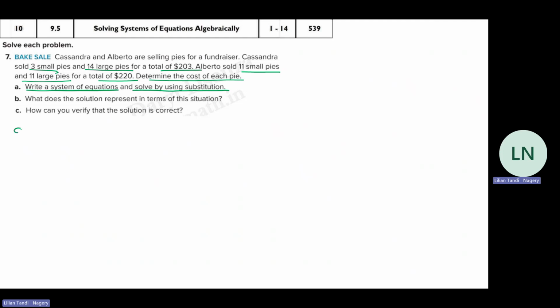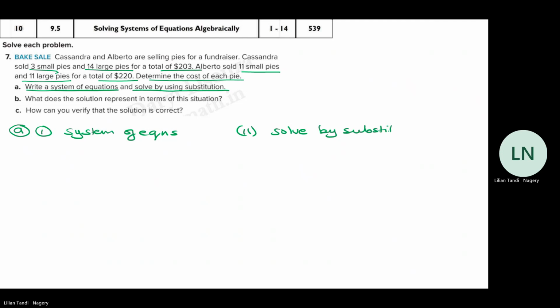So, question A has 2 parts. Part 1 needs you to write a system of equations, and part 2 needs you to solve, but by using substitution. Okay, so let's write our system of equations for Cassandra and for Alberto.